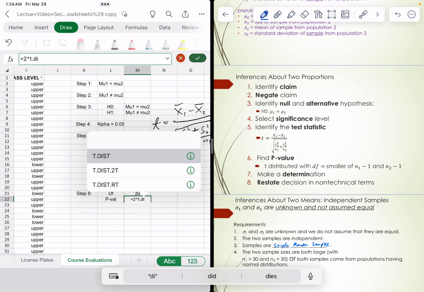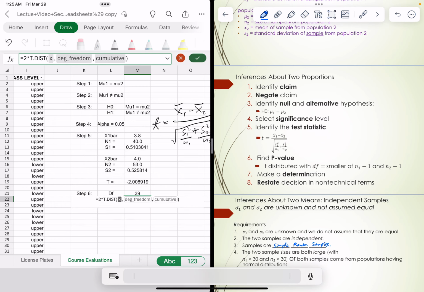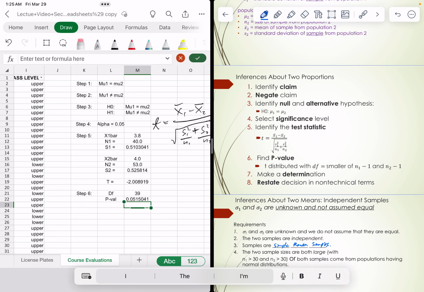It's a negative value, so I'm going to go for the left tail here. It's a negative t value. Degrees of freedom will be that one right there. Cumulative is 1, obviously. Because it's a continuous distribution, cumulative is always 1 for a continuous distribution. Press enter. All right.